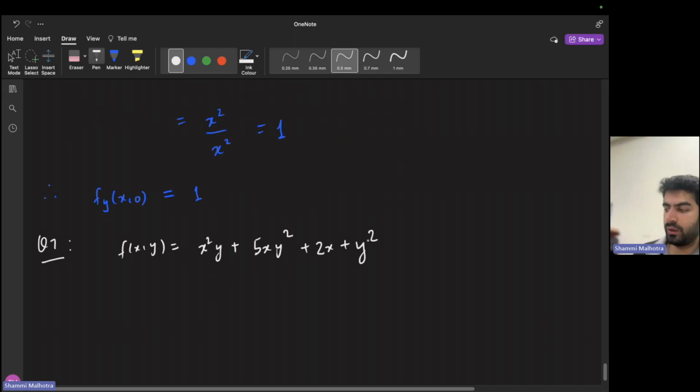Let us calculate the partial derivative f_x first. This time I will take the point to be (1, 0), and let us again calculate the partial derivative with respect to y at (1, 0).